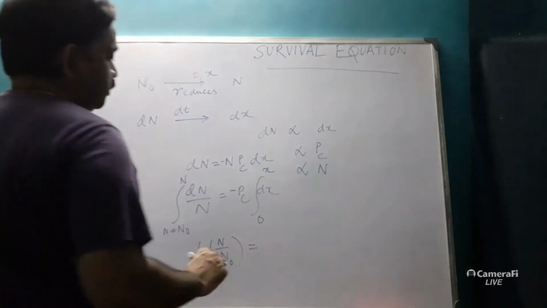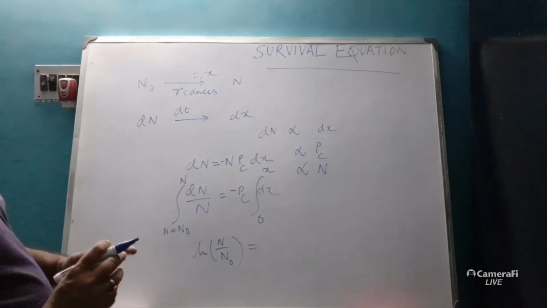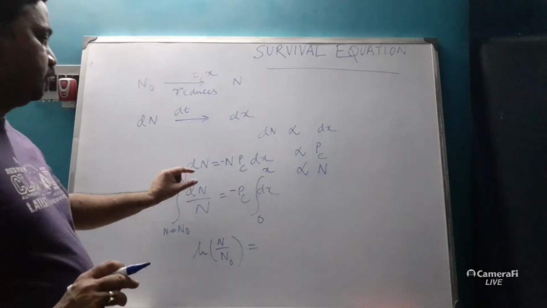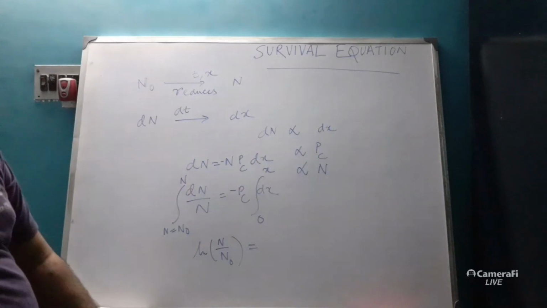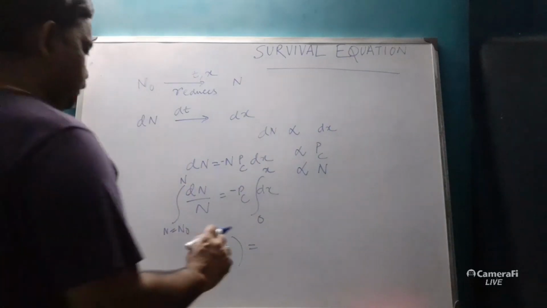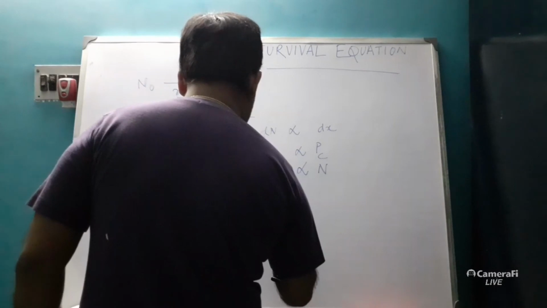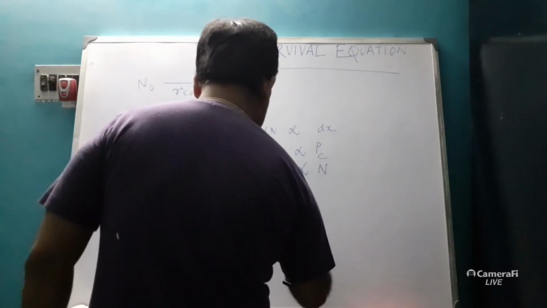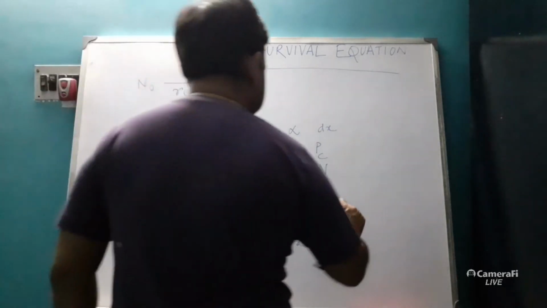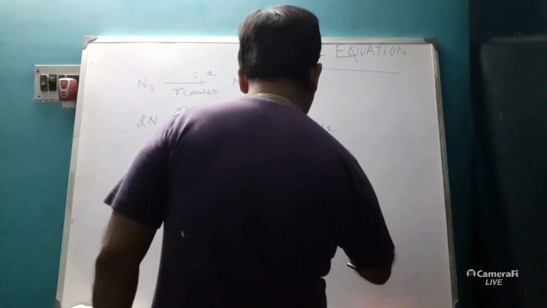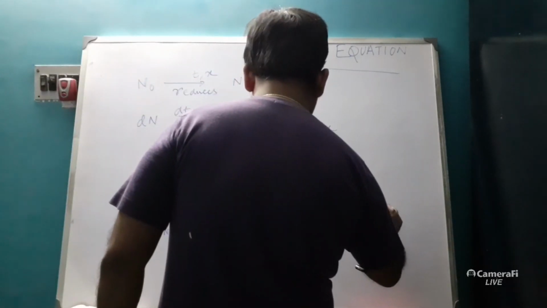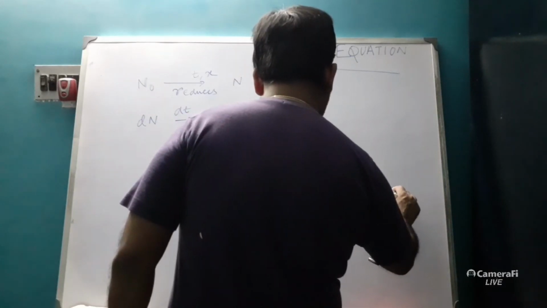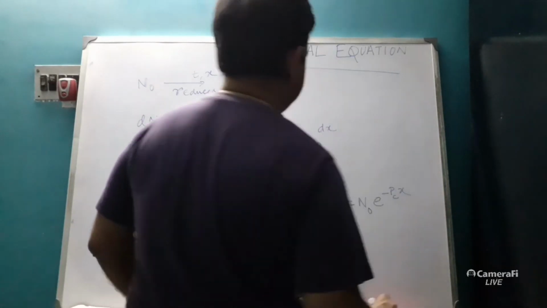This negative sign possibly indicates that this fraction dn is reducing the population to its bottom. So we can write minus pc x, so n equals to n0 e to the power minus pcx.